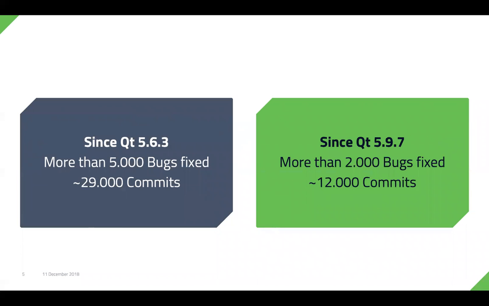It's a lot of work that has gone into Qt to improve it, to add new functionality, and to fix bugs. Since Qt 5.9.7, numbers are a bit smaller, of course, since it's a later release, but still, more than 2,000 bugs have been fixed, and we have 12,000 commits that went into our repositories to improve Qt.